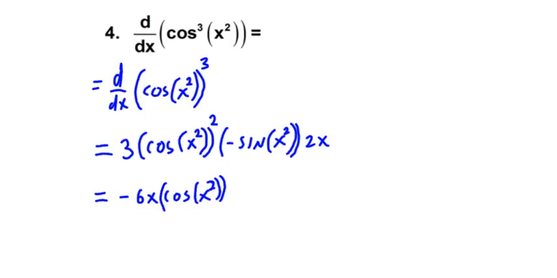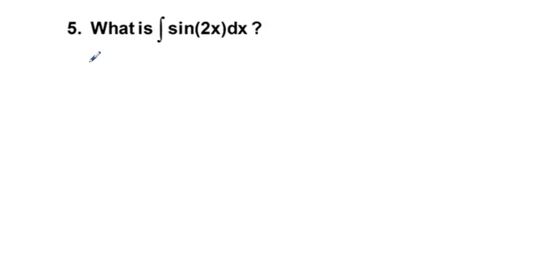And what we're going to do is I'm going to rewrite that as cosine squared of x squared, times sine x squared. And we have the negative sign out front. So this is what problem 4 looks like. Let's look at problem 5 now.